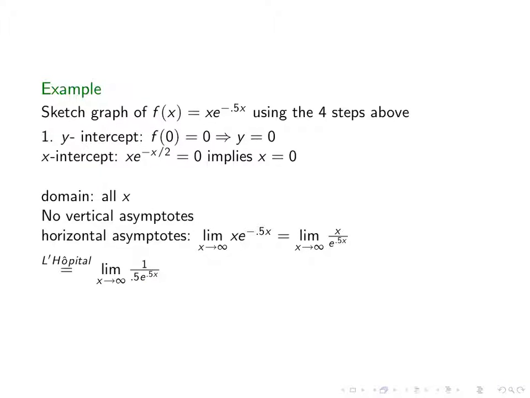So I've taken the derivative of the top and the bottom independently. Now there's only an x in the denominator here, so that is a basic limit where the denominator goes to infinity and the numerator stays at 1, so the value of the limit is 0. Therefore, y equals 0 is the horizontal asymptote.